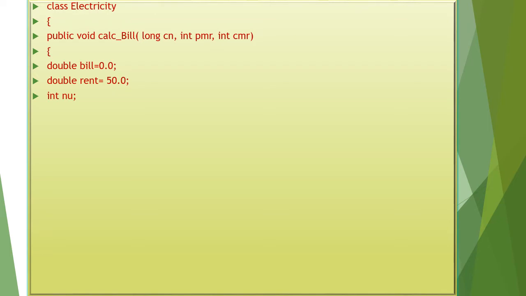NU is the variable for storing the number of units. So the bill is calculated based on the number of units. Then we find out the number of units consumed by using the statement NU equals CMR minus PMR.